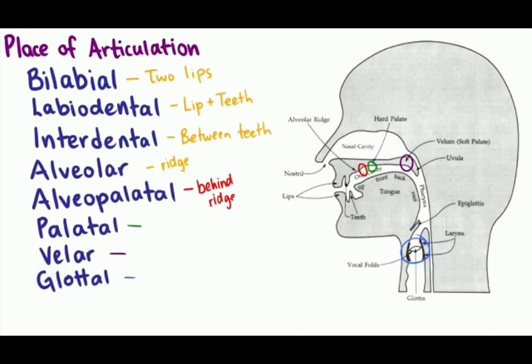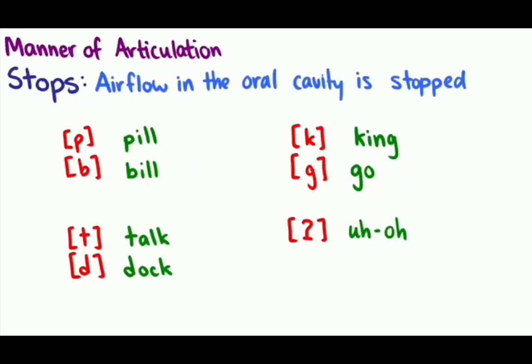So for stops, airflow in the oral cavity is stopped. This means that when air is trying to escape out of your mouth, it is held at some point and then it can't escape.